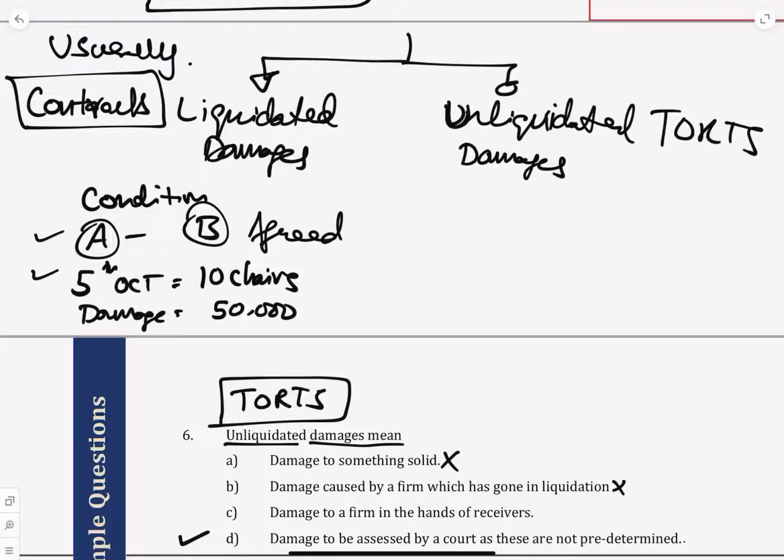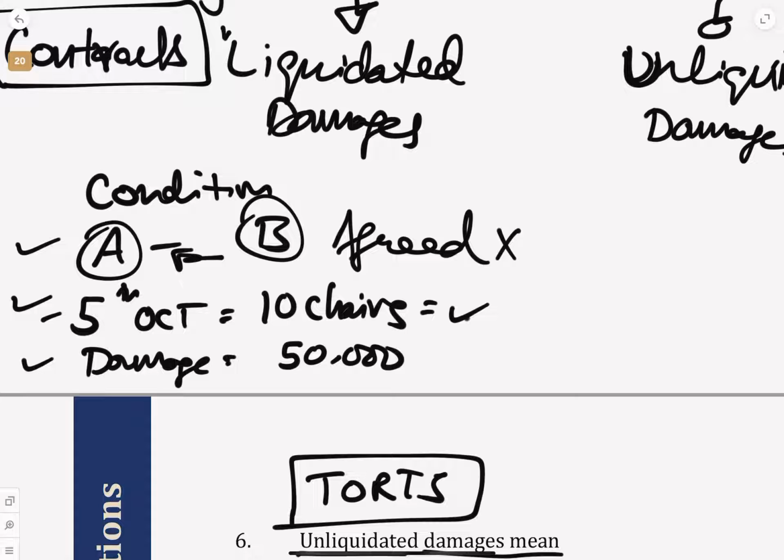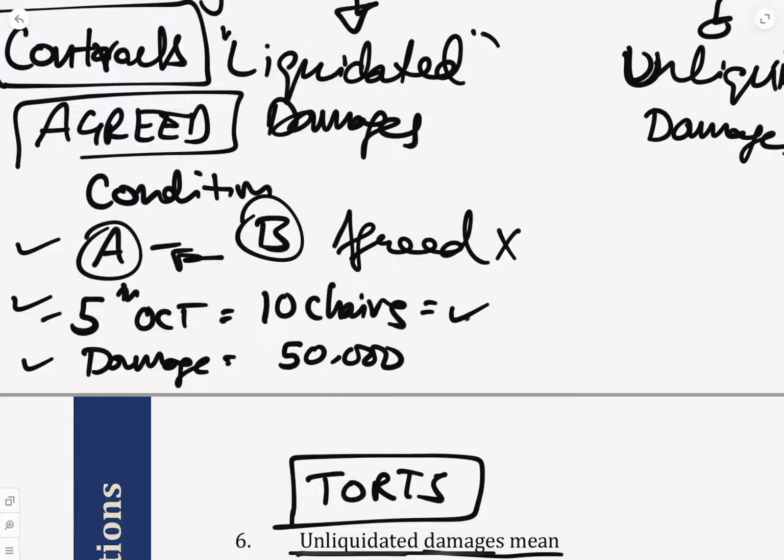What he agreed: 5th October I'll give 10 chairs, and if I don't give, I'll give you 50,000 damages. So B has to give 50,000 to A if he doesn't supply the 10 chairs on 5th October. Now 5th October B will default. So what will happen? There is a breach and then there is liquidated damages, that is damages which is already agreed. So damage is already agreed, so he has to pay 50,000.